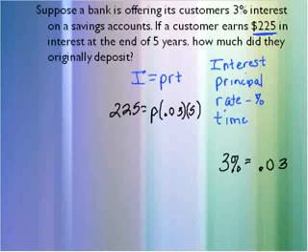My first step would be to multiply the 0.03 times 5, which gives me 0.15. And then I have the 0.15 multiplying P. So in order to solve for P, I'm going to divide both sides by 0.15.